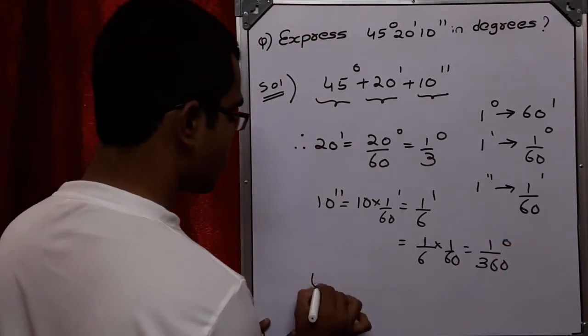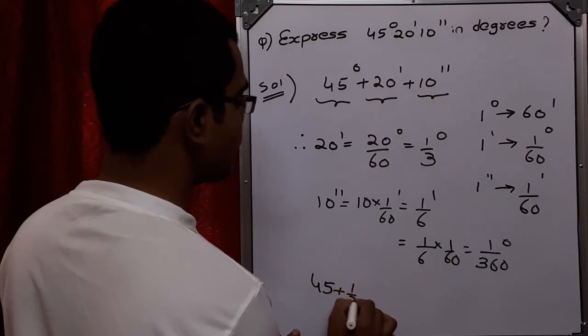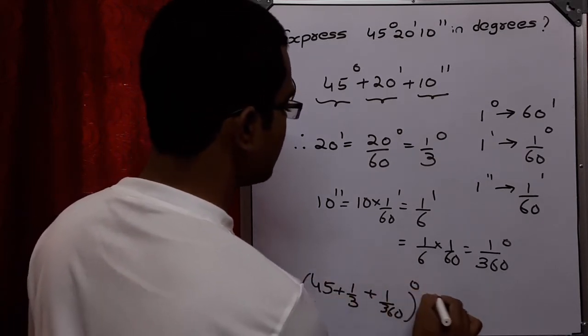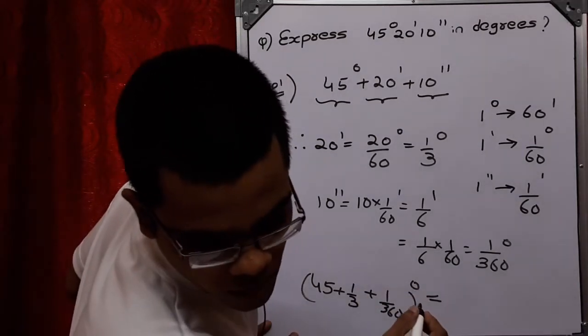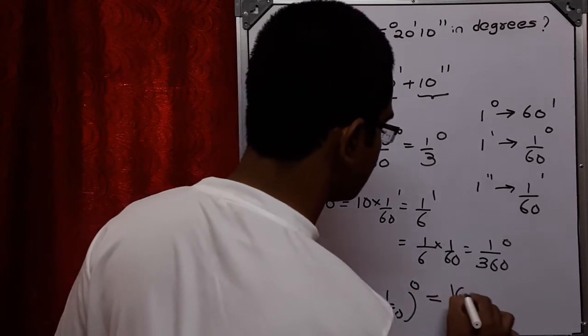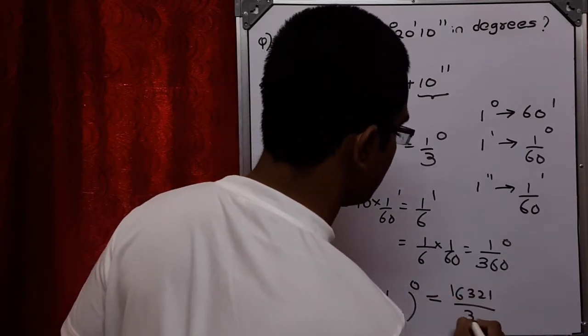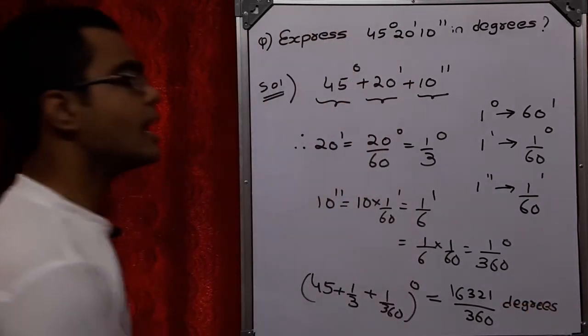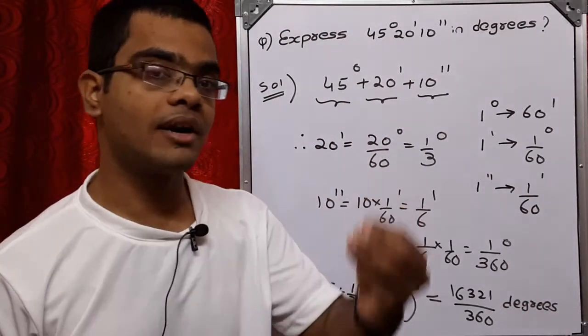Now if you add the total, 45 plus 1 by 3 plus 1 by 360, this is the whole degrees. So this is going to become 16321 by 360 degrees. Yeah, friends. So now the same degree measurement we can convert into radians also.